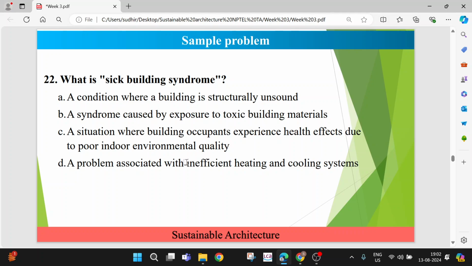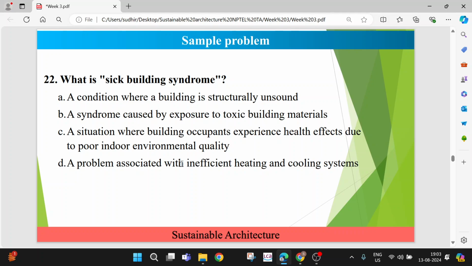Option C, sir. These concepts, I think, are well understood by all of you, and no more discussion is needed, but you should be able to give answers for this. All of you are giving C only, so it is fine.